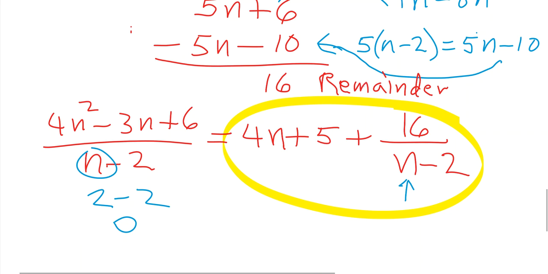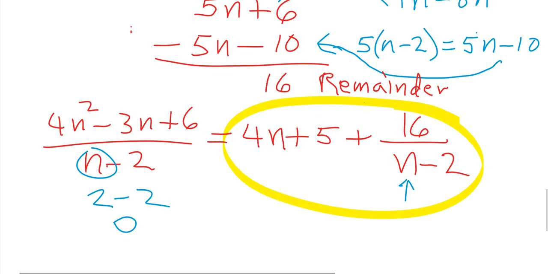If you take away 2 from a really big number, what if n was a million? What's a million subtract 2? 999,998, if I got that right. It's still a really big number, isn't it? Taking away 2 from a huge number doesn't change that huge number by very much. And 16 divided by a super huge number is essentially 0, isn't it?